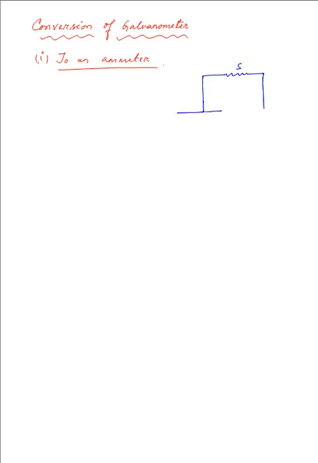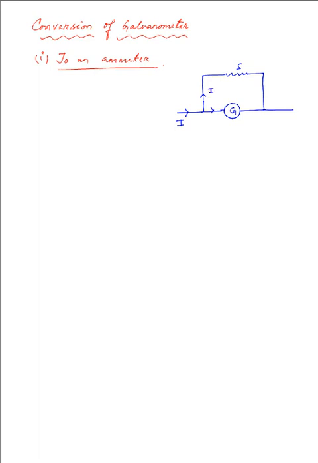So here is the galvanometer with a resistance of G, and the circuit carries a certain current I, which further gets divided as per the junction rule.